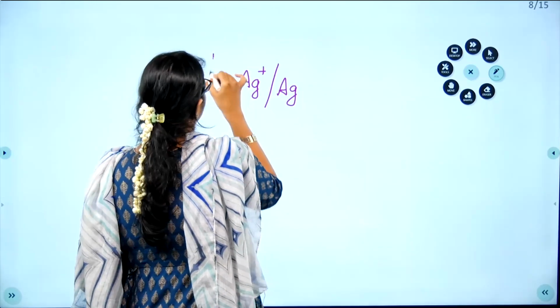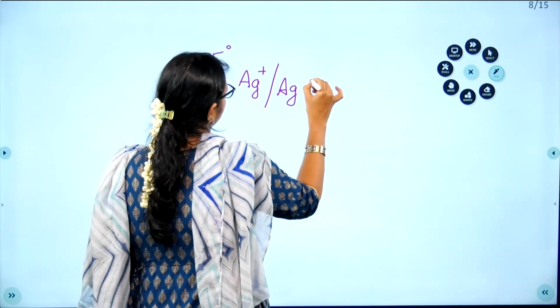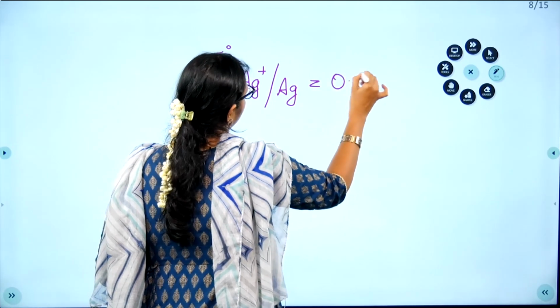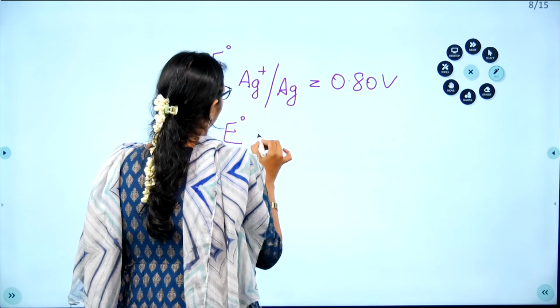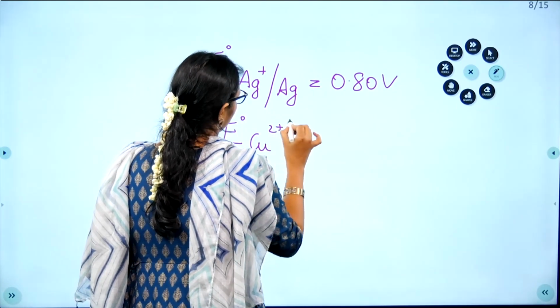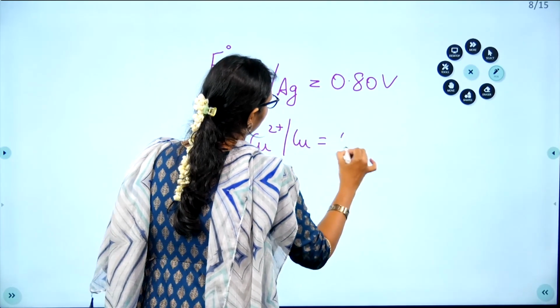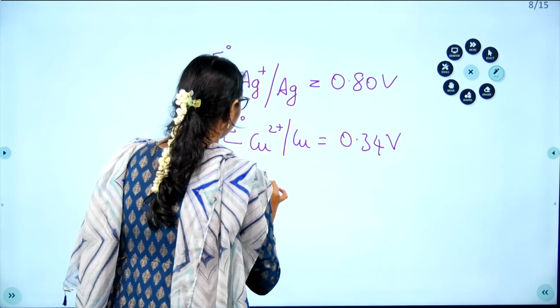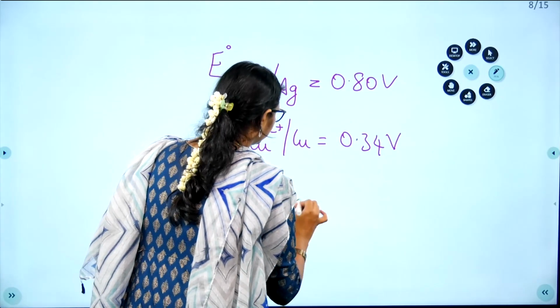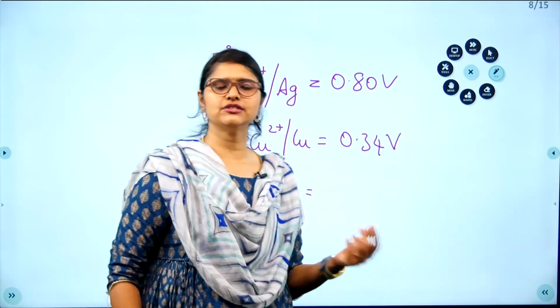Okay. So E naught of silver ion to silver is given as 0.80 volts. E naught of Cu2 plus slash Cu is equal to 0.34 volts. Now calculate E naught cell for this.